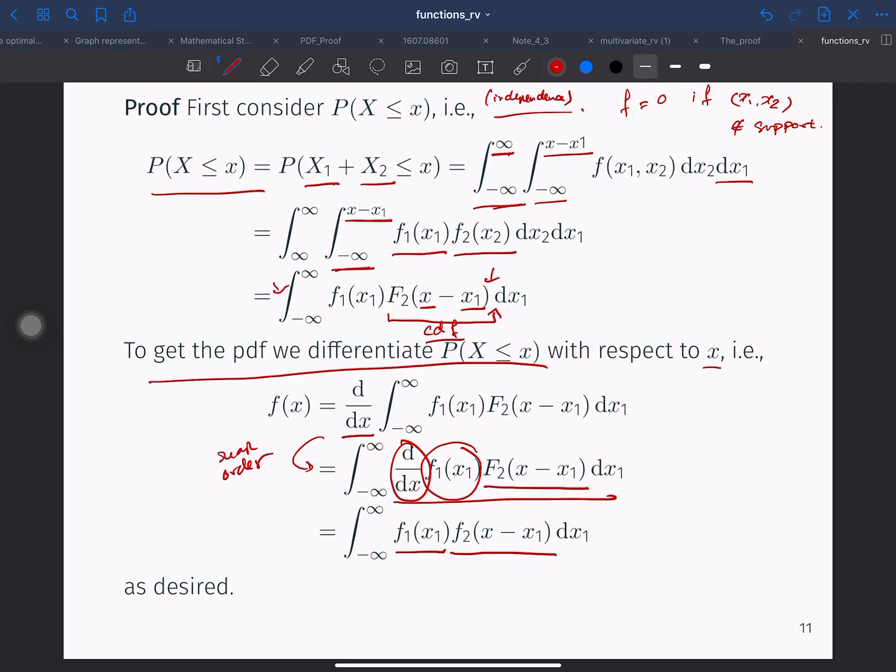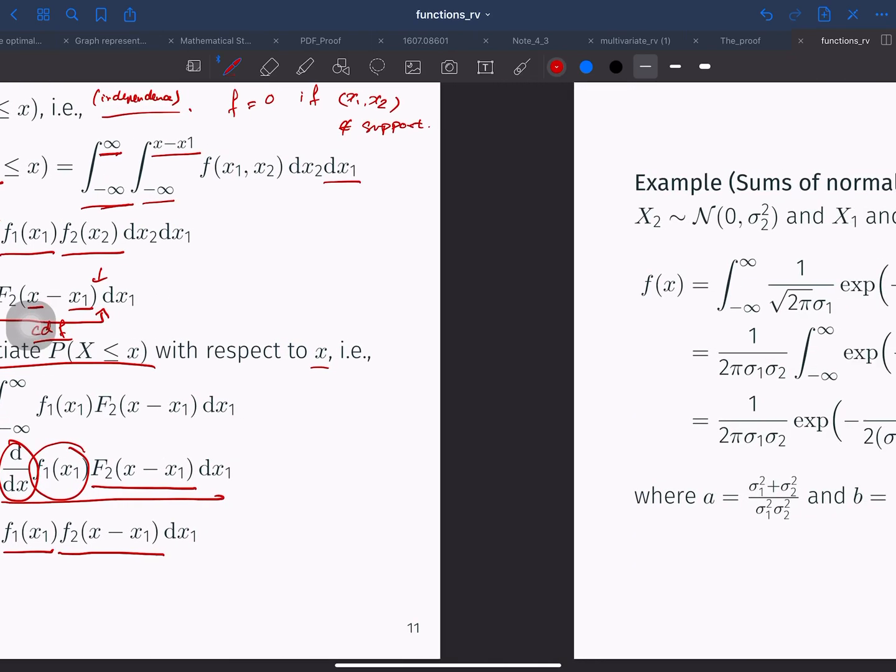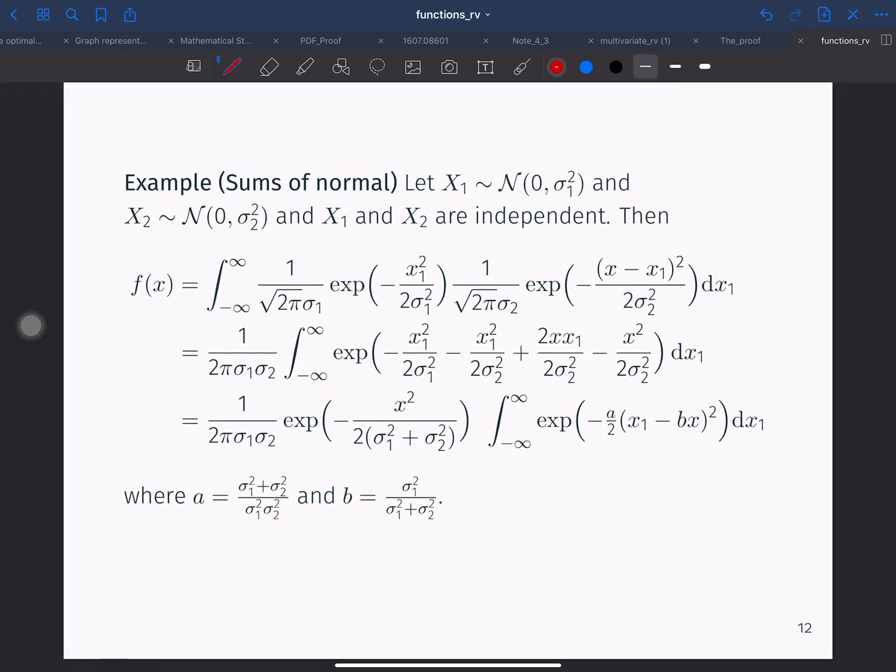So as you can see, the proof is very similar to the discrete case, just replace summation by integration and take the derivative accordingly. Let's see a quick example.